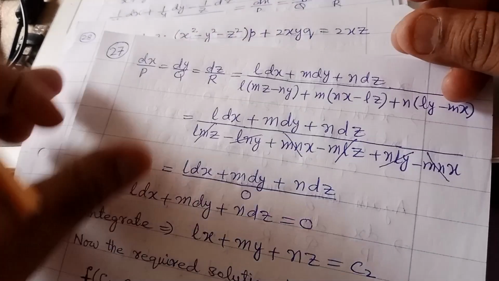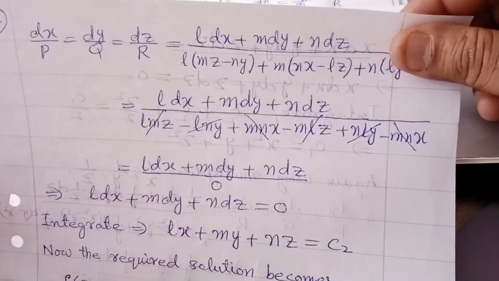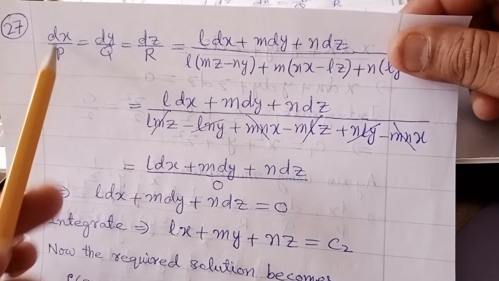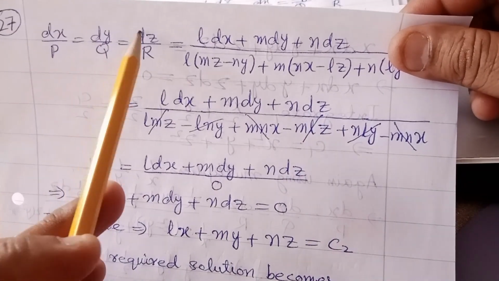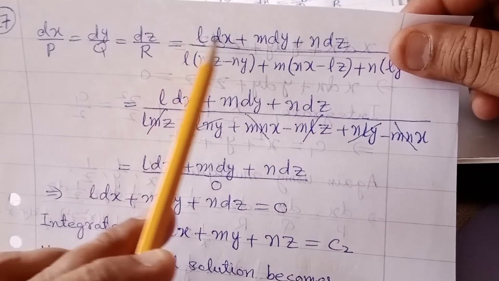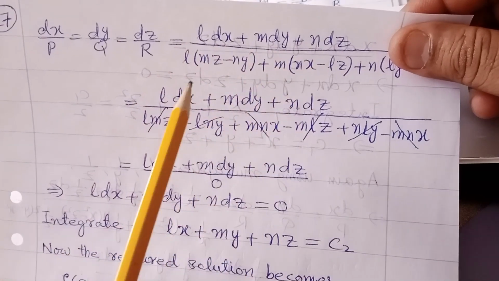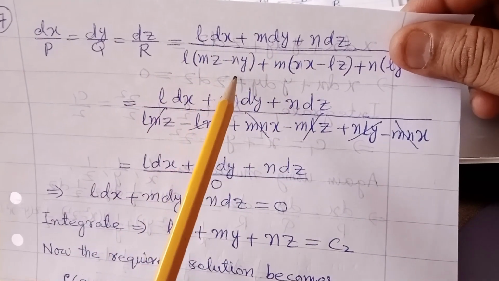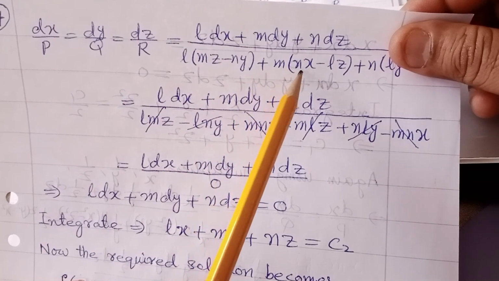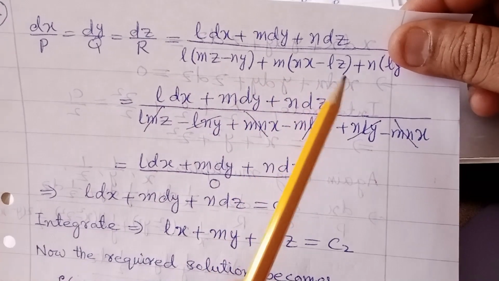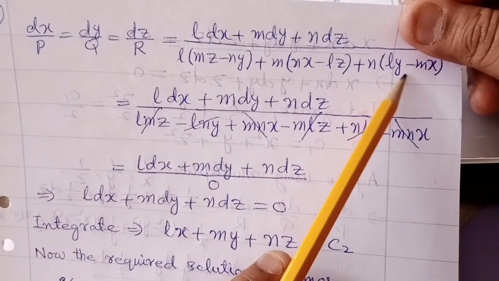After using this multiplier, the auxiliary equation becomes dx upon P is equal to dy upon Q is equal to dz upon R is equal to l dx plus m dy plus n dz divided by l times (mz minus ny) plus m times (nx minus lz) plus n times (ly minus mx).